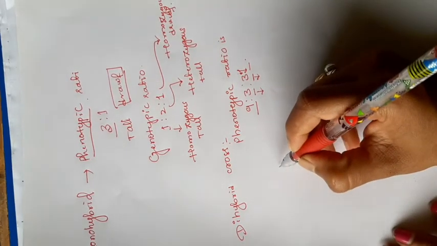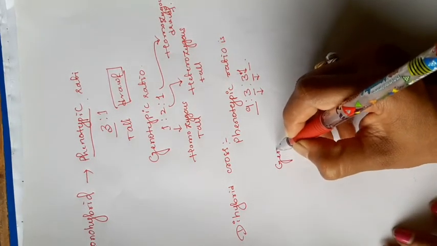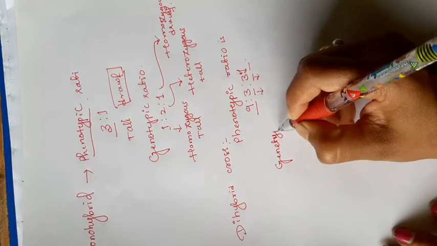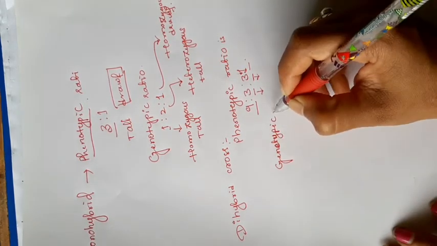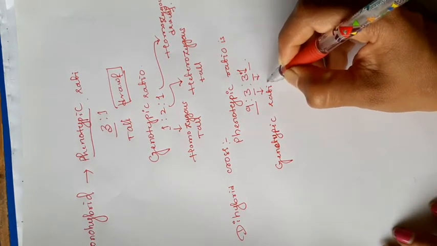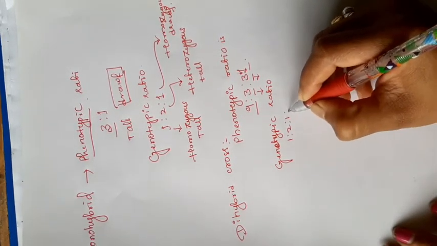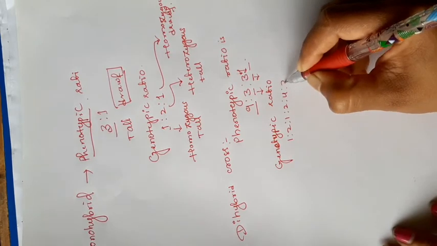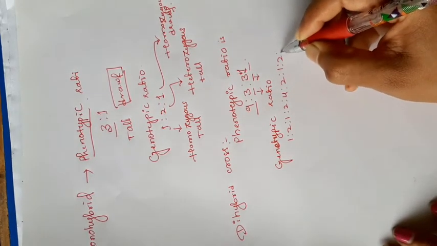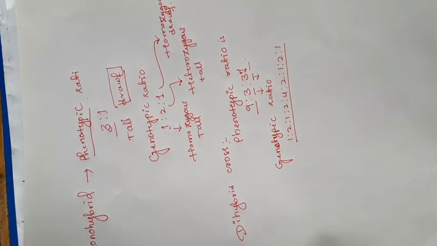Okay. Then the genotypic ratio, 1:2:2:4:2:1:2:1. This is the ratio of the dihybrid cross.